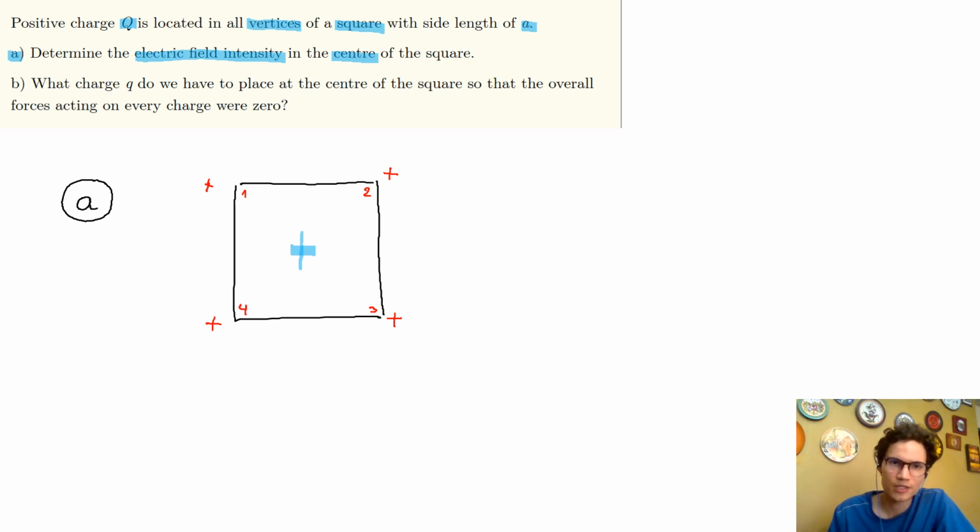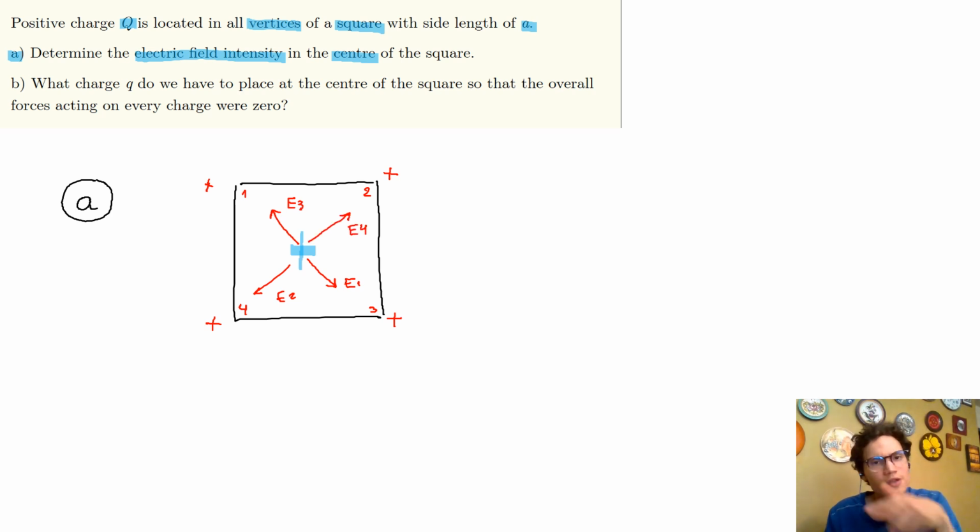So there will be a creation of different fields. But because the test charge is positive and the charges are equal, the four fields that will be created will have the same magnitude. And the directions will be this one. In this case, the charge at the center and this charge will be in this direction, this field 1. Field 2 will be in this direction, and field 3 will be in this direction, so on until field 4 is created.